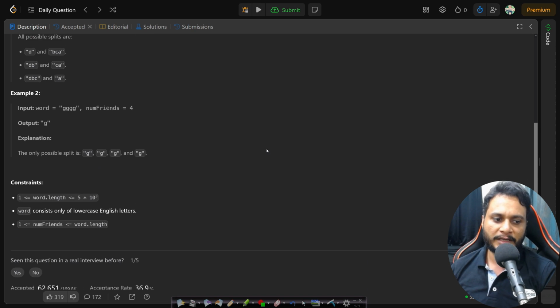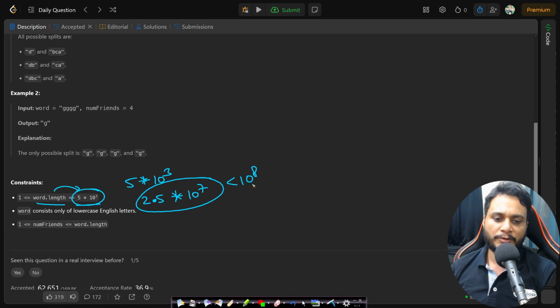Since the total length of the word is only 5 times 10 to the power of 3, n square becomes 2.5 times 10 to the power of 7, because 10 to the power 3 squared is 10 to the power 6. This is within the limit of 10 to the power 8, so it can pass.